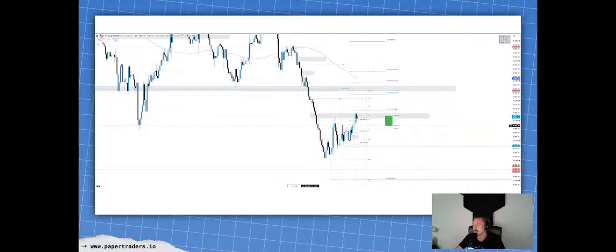So right now we're seeing this run to the upside. There are no other fair value gaps except for this one on the downside. We're in that 4-hour fair value gap that price is rejecting. So this fair value gap, right?